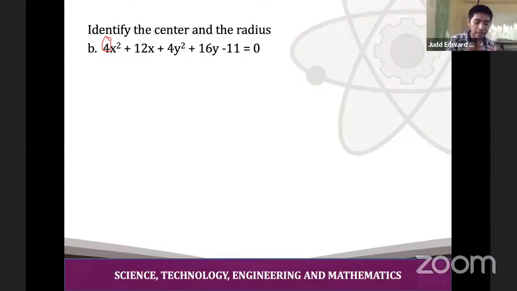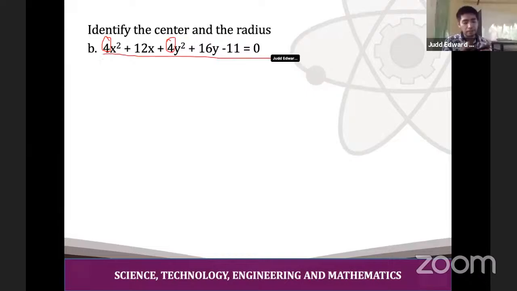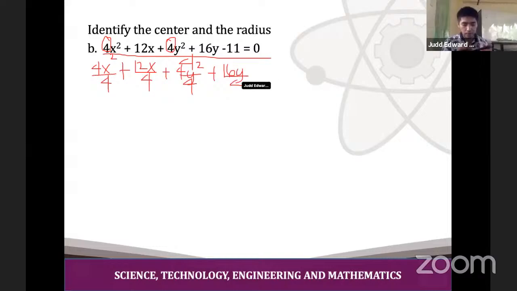Okay, paano mawawala yung kasama yung x squared sa y squared? What do we do? I-divide po. Divide both sides by 4. Okay, pag dinivide natin both sides by 4, we will be having 4x squared over 4 plus 12x over 4 plus 4y squared over 4 plus 16y over 4 minus 11 over 4 is equal to 0 over 4.